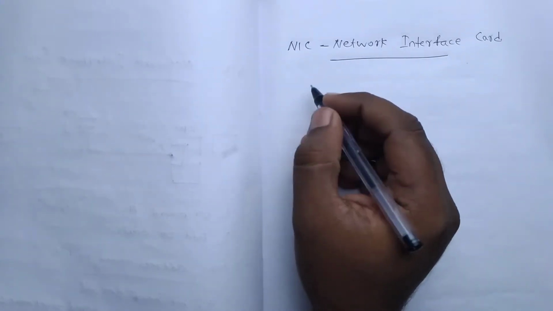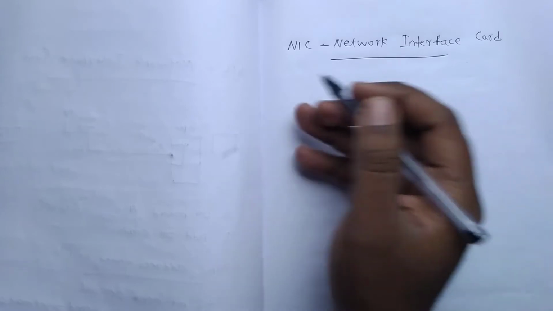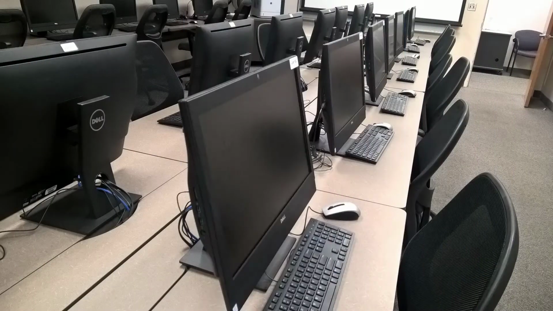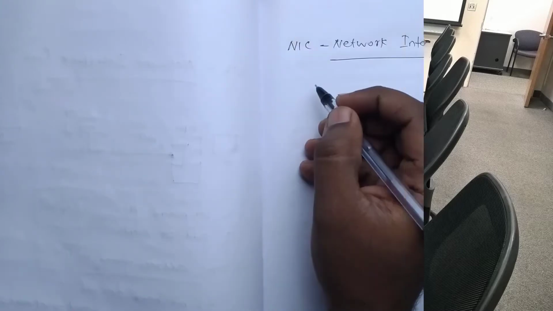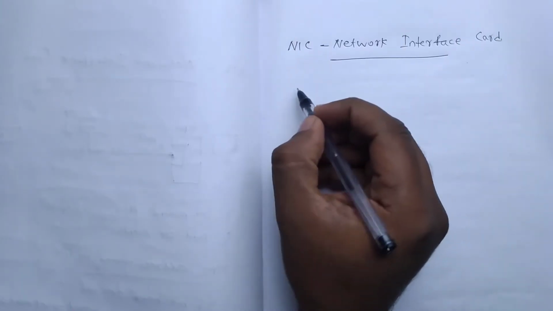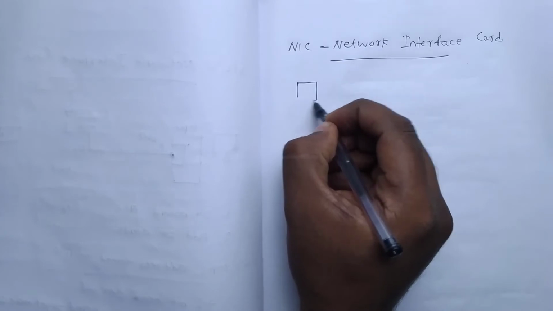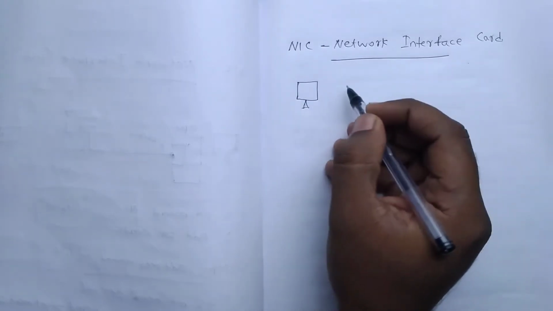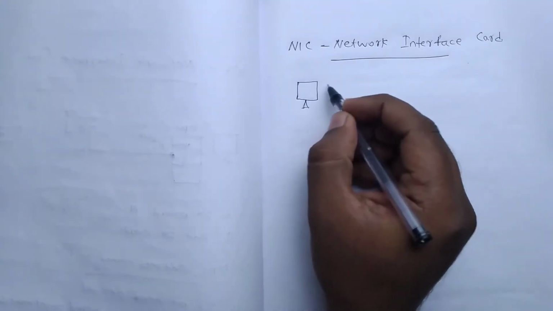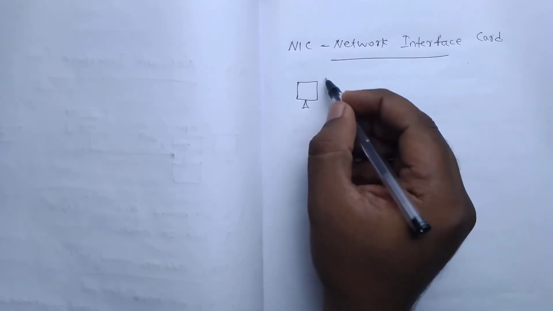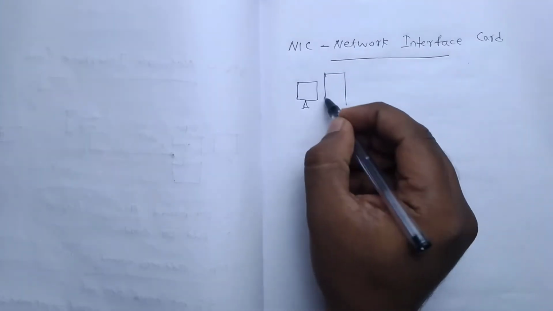Imagine that you are a network engineer in a company, and you can see plenty of computers. Just imagine one of the computers in that organization or enterprise. There you have the computer monitor and the CPU.